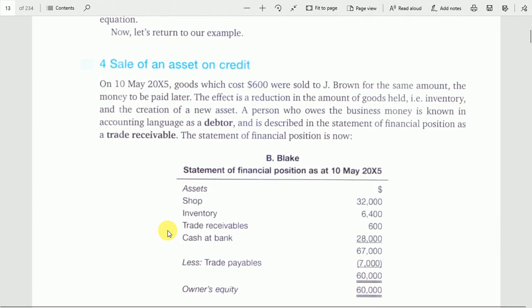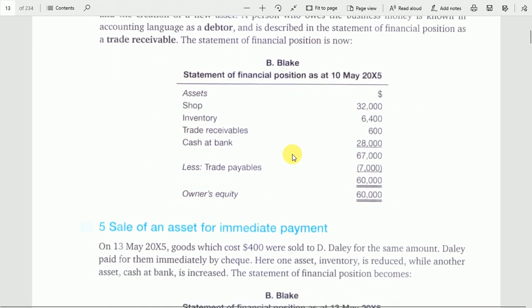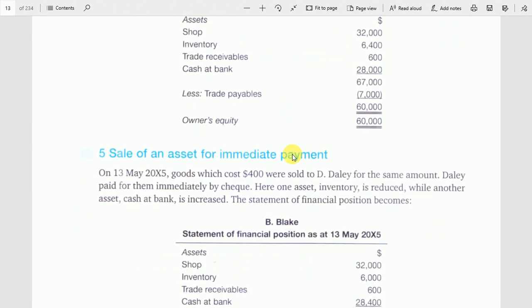So this transaction is going to make an impact, and it will give a balance sheet like this in this graph. Now what if we sell an asset for cash and the payment is expected immediately? If we dispose of an asset on a cash basis, you receive cash at the moment. So cash is your current asset.